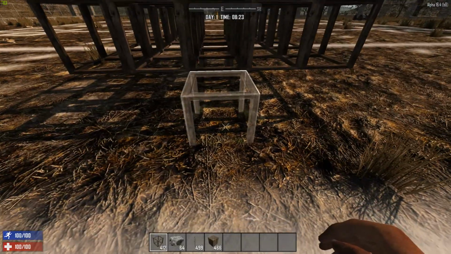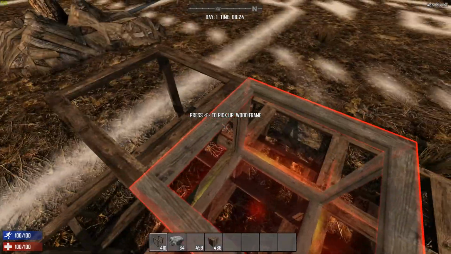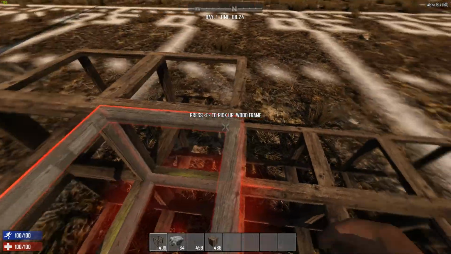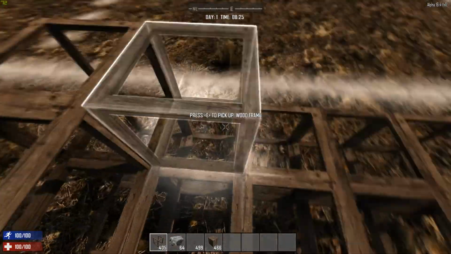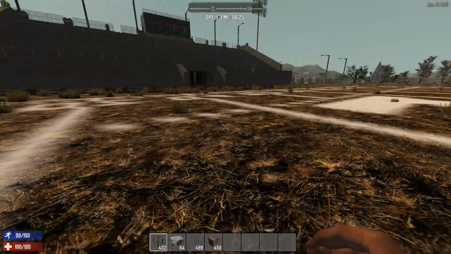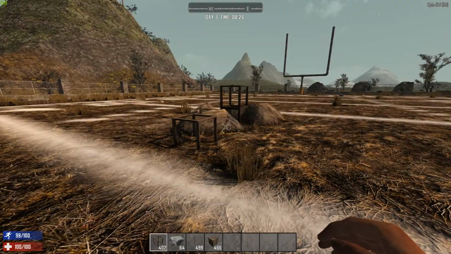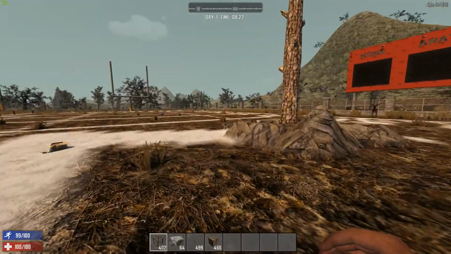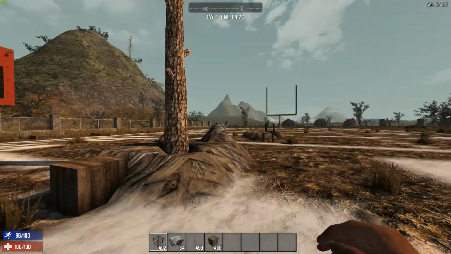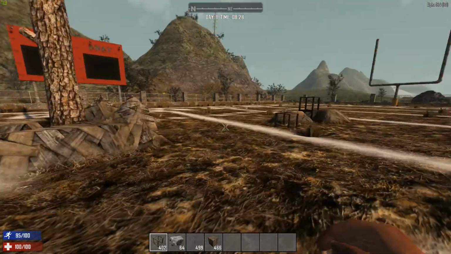Okay, now it's 5 by 5. And now we start putting down our walls. Okay, that resulted in the same result. So the problem with the trees is not that they have less structural integrity than wood. They have the same structural integrity.